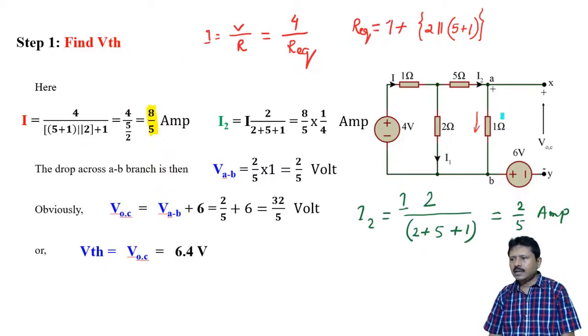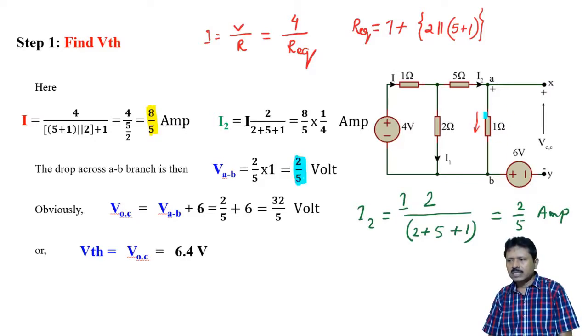So I have to calculate the voltage across this 1 ohm resistance. That will be the current flowing through this 1 ohm resistance multiplied by this 1 ohm, and ultimately we will get 2 by 5 volt. So we got the voltage across this 1 ohm resistance. Now what will be the voltage at point A with respect to point Y? That will be the combination of this voltage drop and this source voltage.